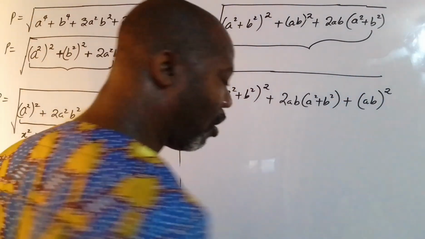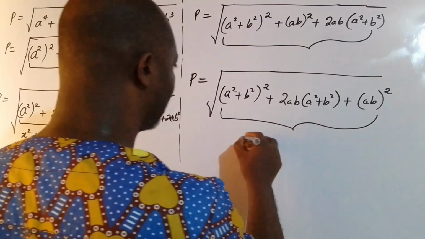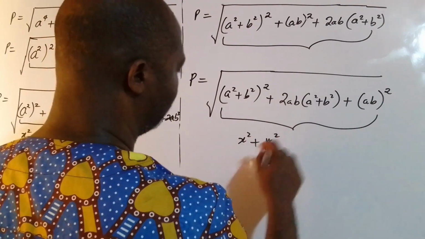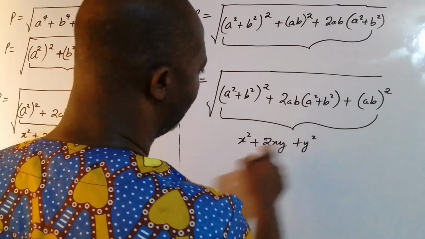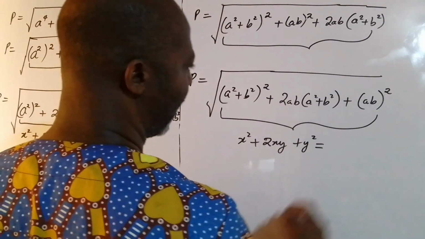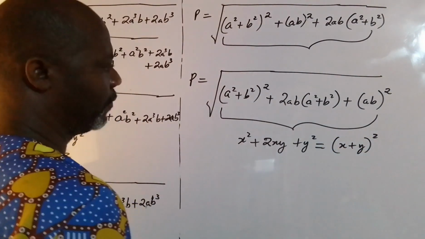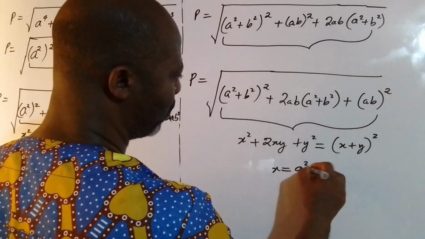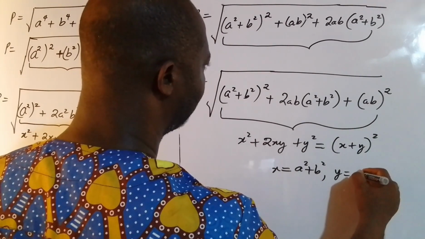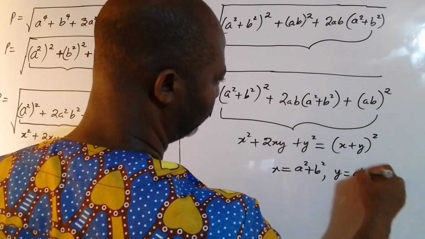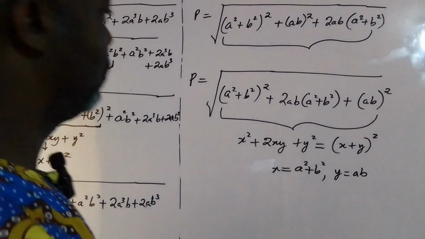So this is now also a perfect square, which we can compare with x squared plus 2xy plus y squared. And this in itself we know is equivalent to (x plus y) all squared. So in this case, our x will be a squared plus b squared, and y will be ab.